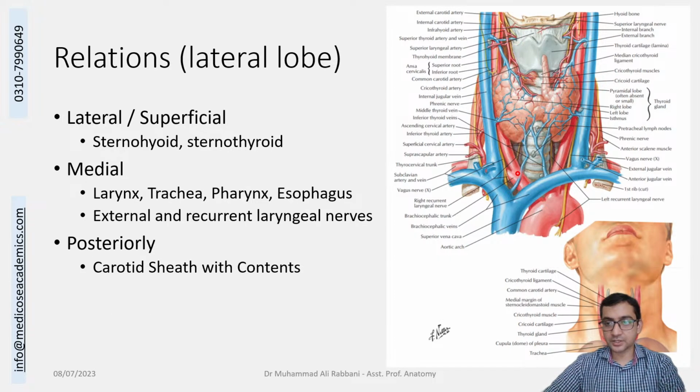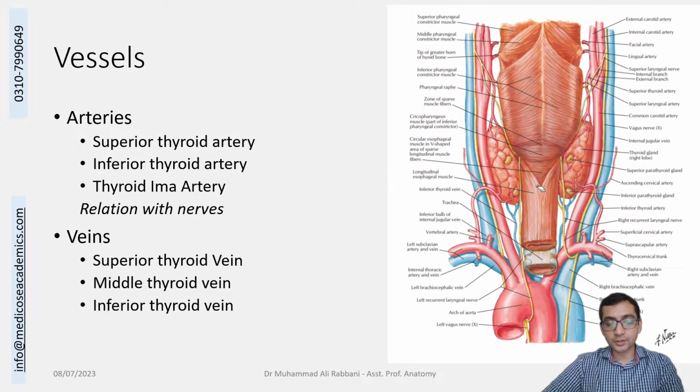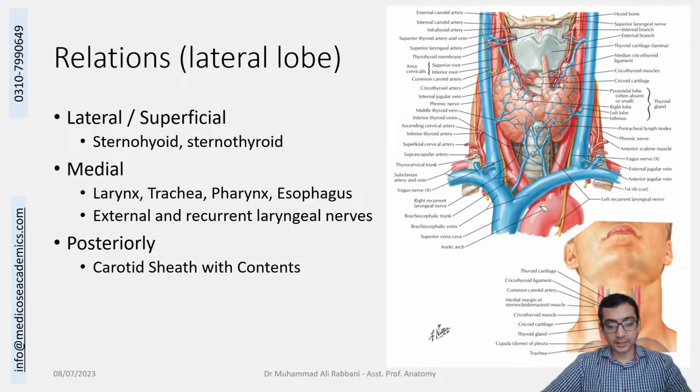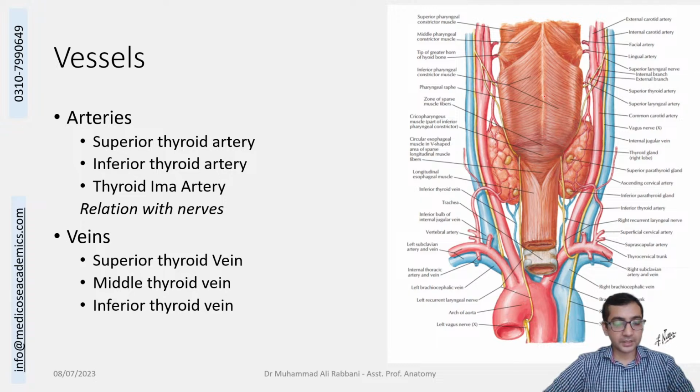It is not shown in these pictures, but sometimes it originates from the brachiocephalic trunk and goes up, and sometimes it originates directly from the arch of aorta, and from the arch of aorta it moves up and supplies the thyroid gland in the midline. It is a very rare artery that is not always present, but this is one of the arteries.